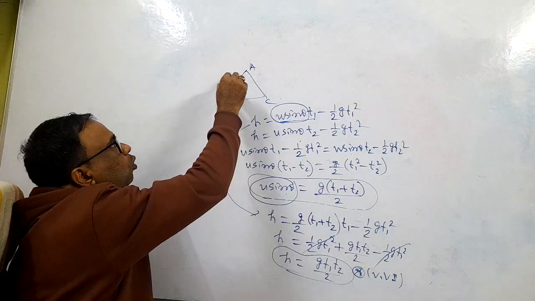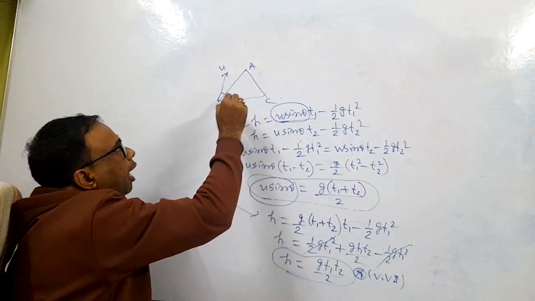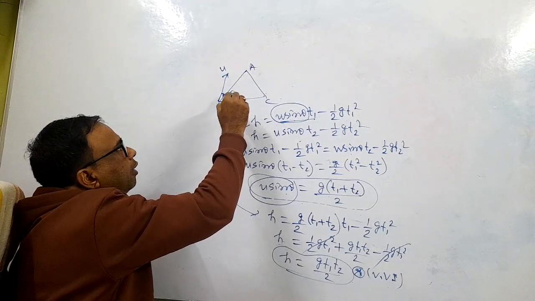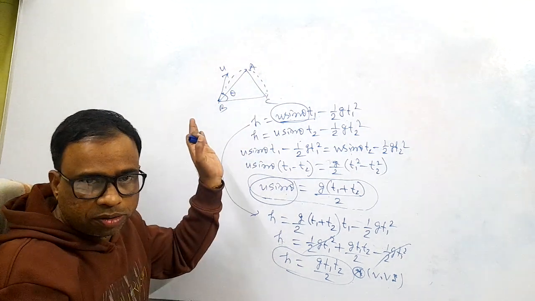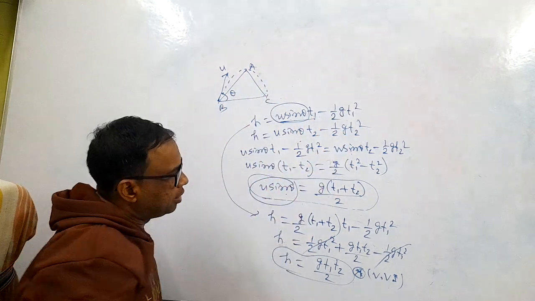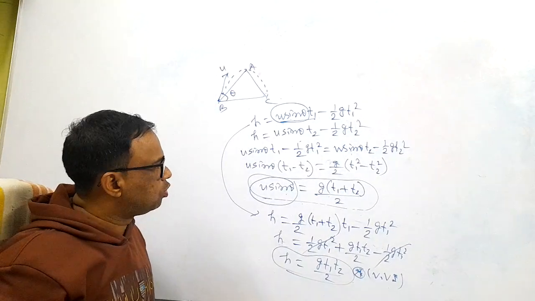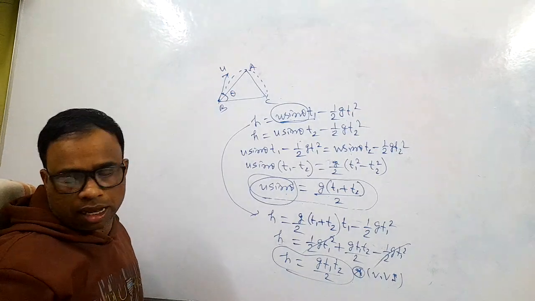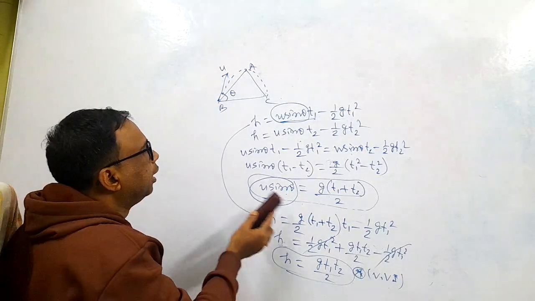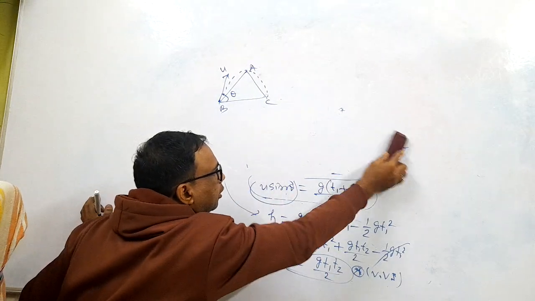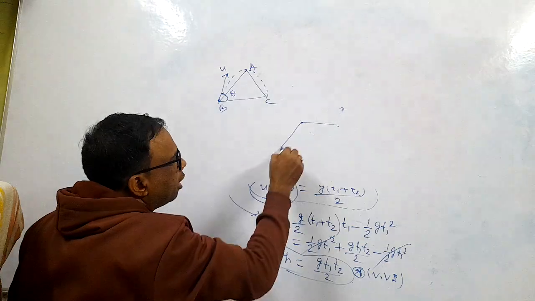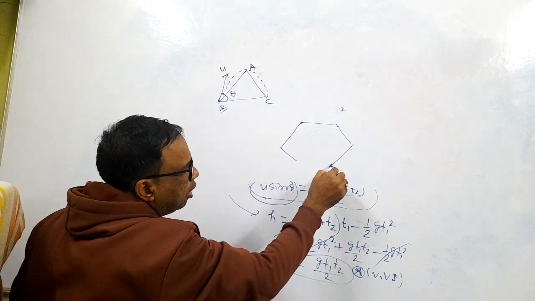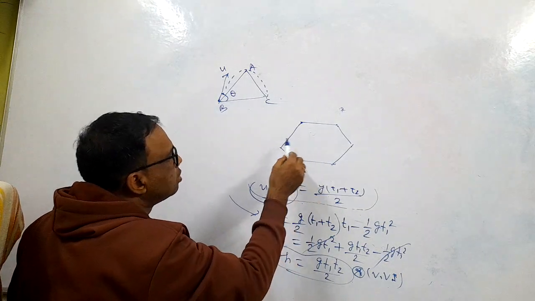That means if you throw the particle with u, making an angle theta, then the particle may touch the triangular base. This may be possible. Or hexagonal touching is also possible. Hexagonal touching means, suppose it is a regular hexagon.